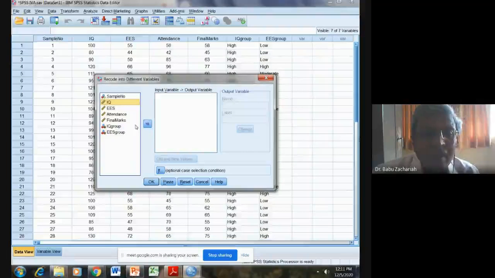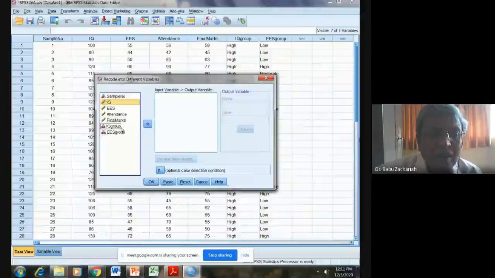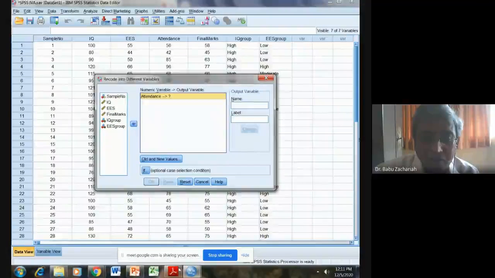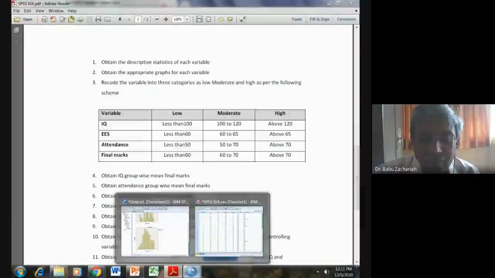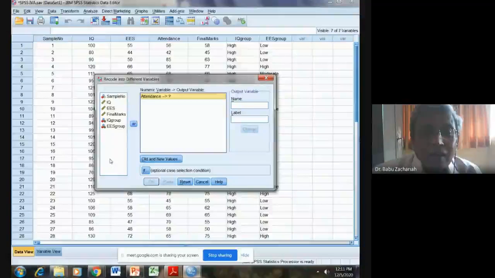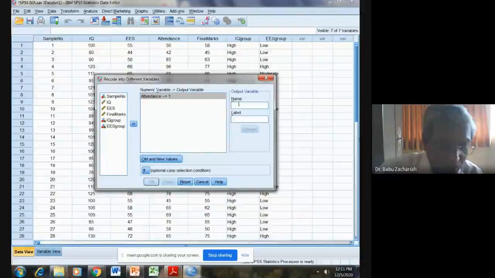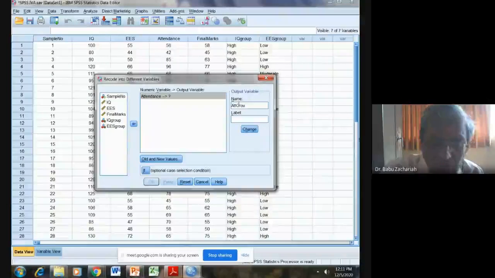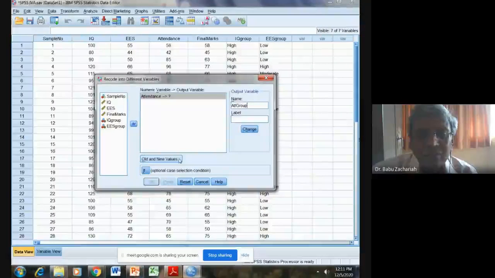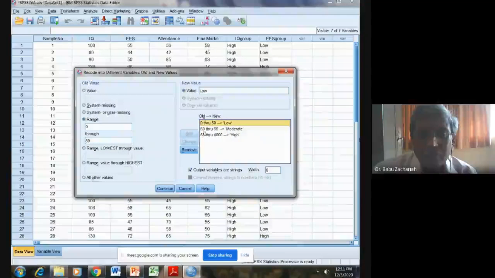Now attendance. What was the cutoff, please? 50 and 70. Okay. Attendance group. So change the values. All this should be removed.